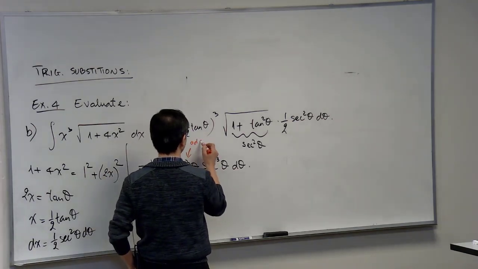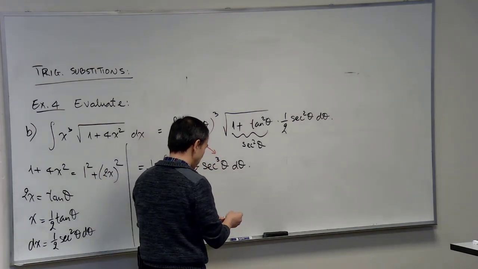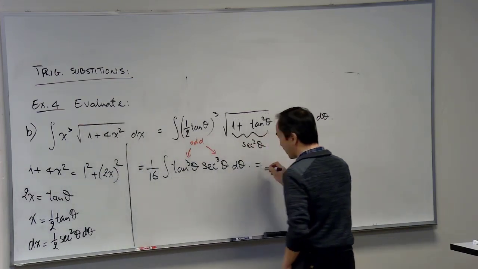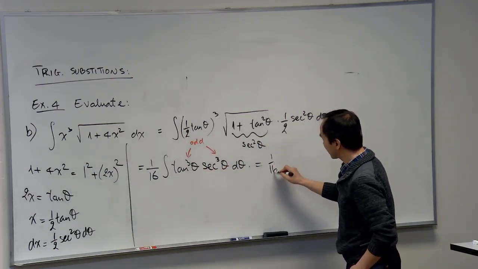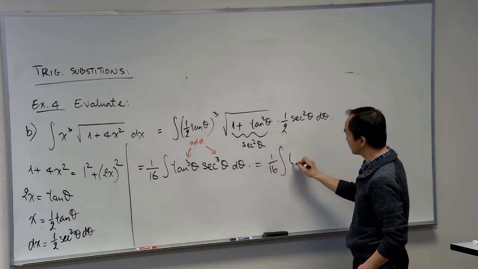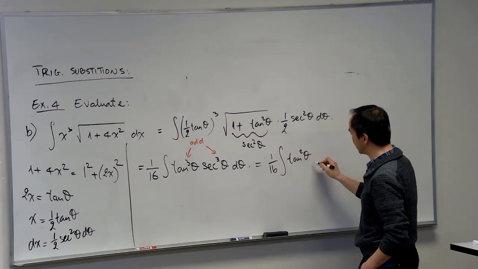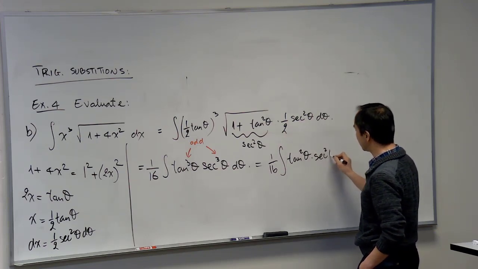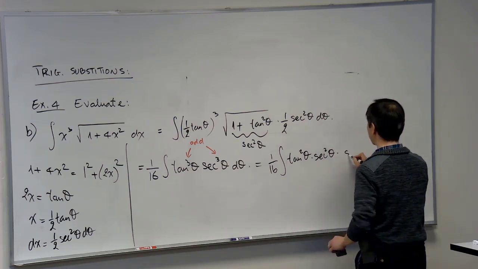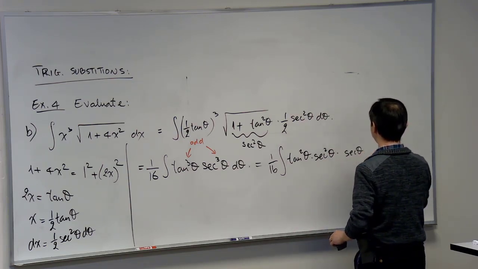So let me introduce this quick little trick right here. You can use it anytime. Since they're both odd, 1/16 integral, I'm going to purposely isolate out tangent squared theta times secant squared theta, and I'm going to multiply with tangent. Or how about secant theta times tangent theta?